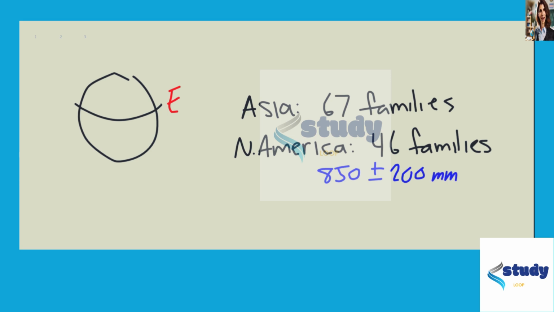And for the Asian one, we have 730 plus or minus 160. Now, the first thing to note is that if you take the margin of error into account, they overlap, but their margins of error are roughly similar.